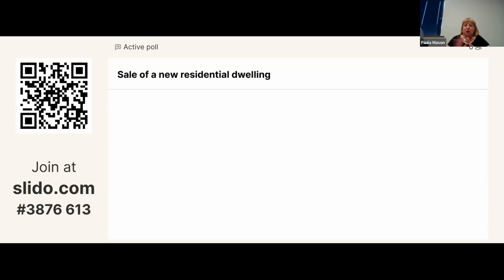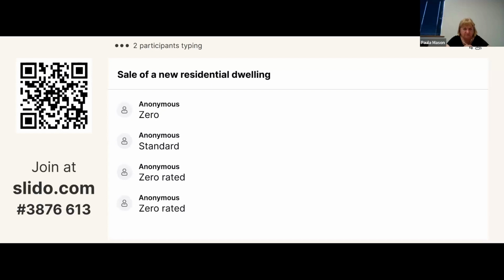Sale of a new residential dwelling. Okay, that's interesting.